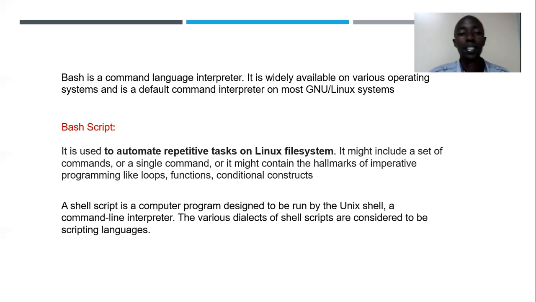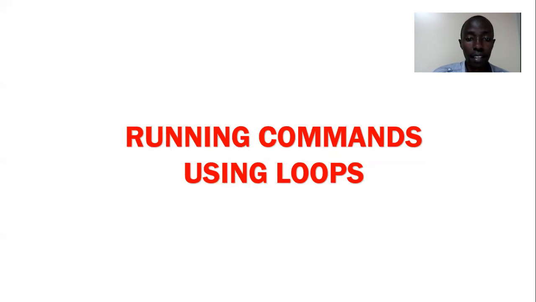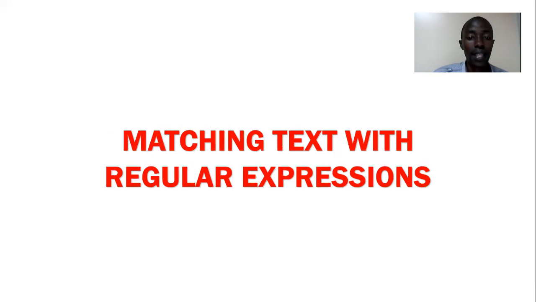For this part, it's high time for us to start, based on the three units. The first one is about writing simple basic scripts. The second will be about running commands using loops. And thirdly, it will be about matching text with regular expressions. All these I'm going to show you practically.